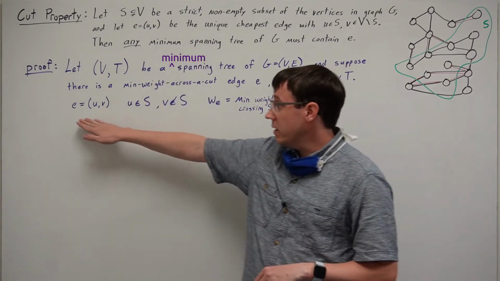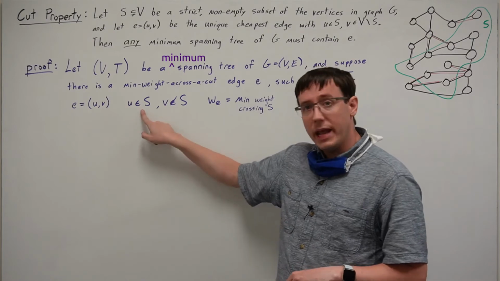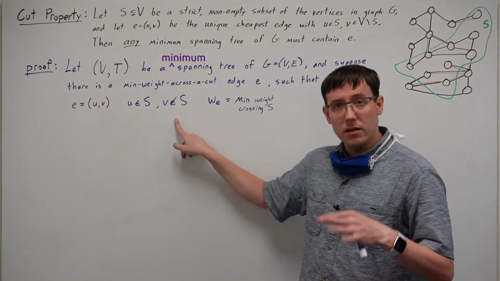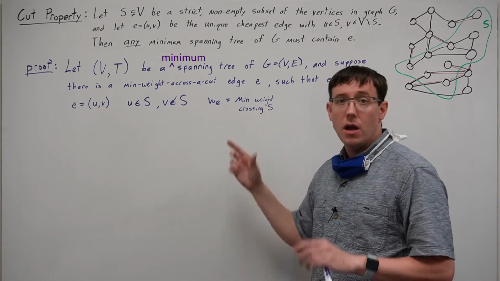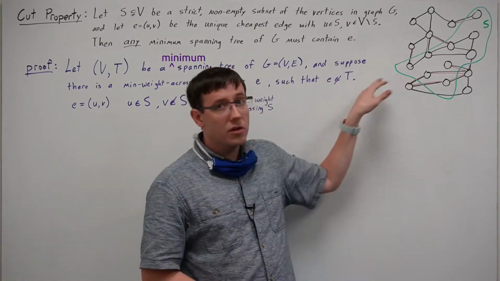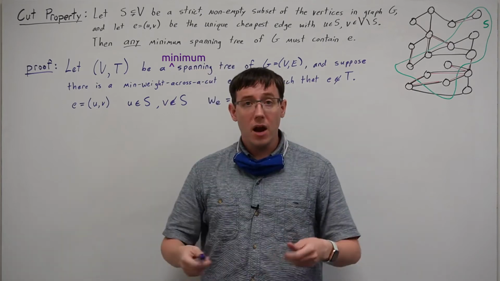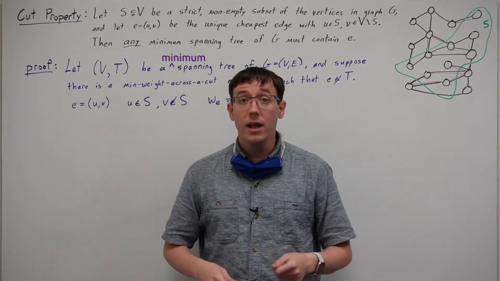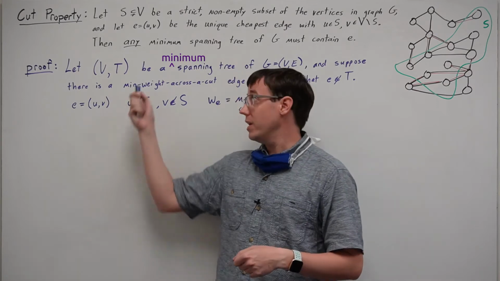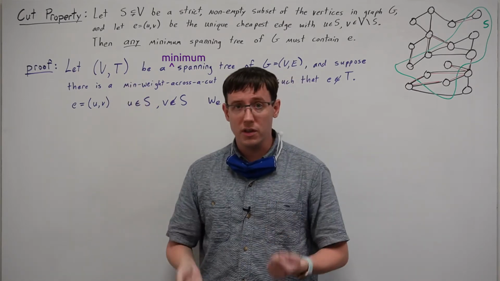So to restate, our edge has one end in S, one end not in S, and it has the unique minimum weight among all of the edges that cross the cut. Now, because the edges in T span the graph, we know that there must be some edge in this set that crosses the cut.